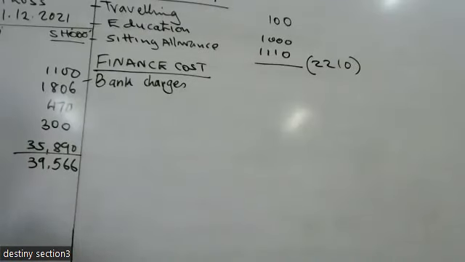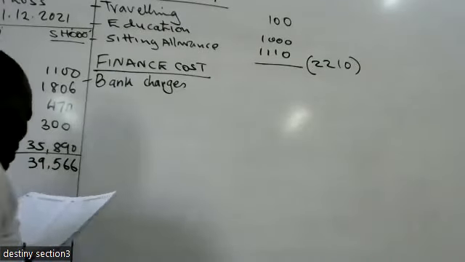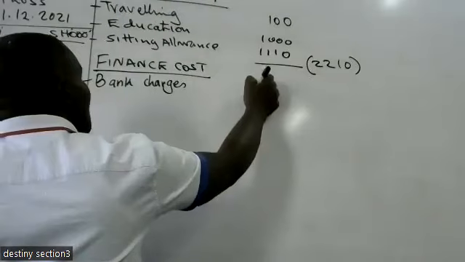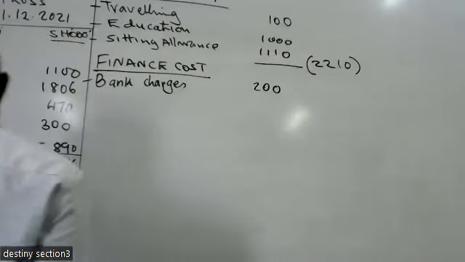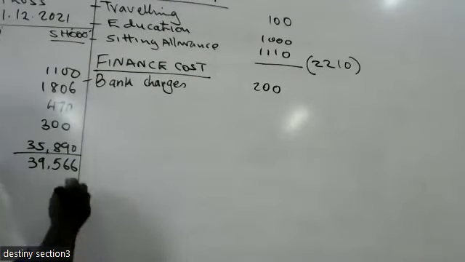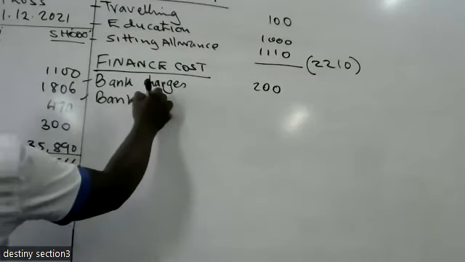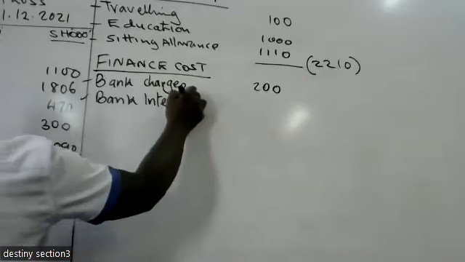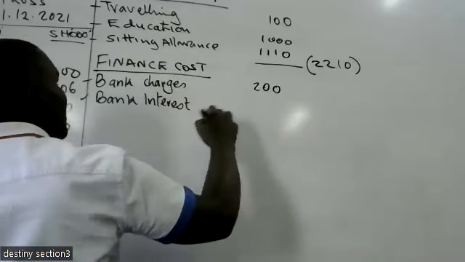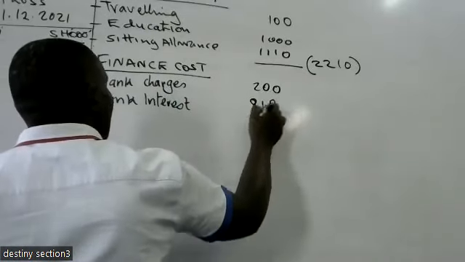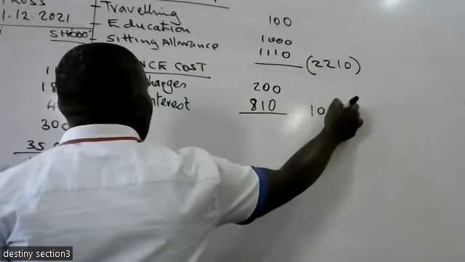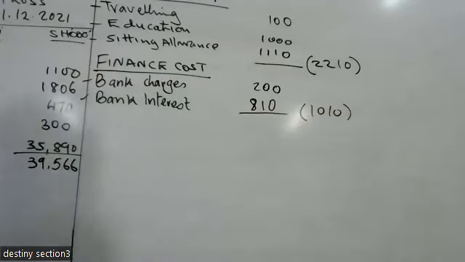How much is this? 200. The bank interest is how much? It's 10. Yeah, those are what we have.